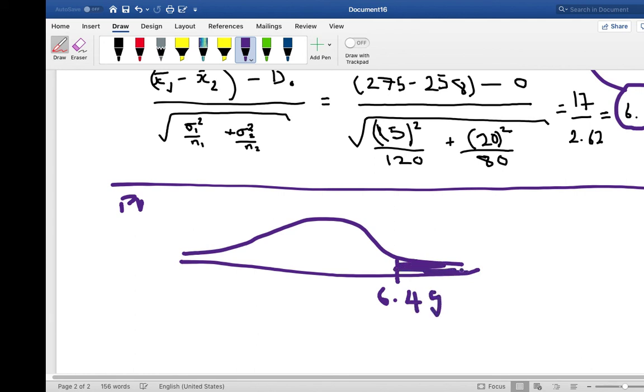And we know it's a normal distribution, and so we're just going to be using 1 minus norm.s.dist of 6.49 and true, or 1.